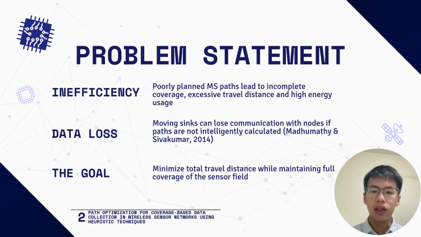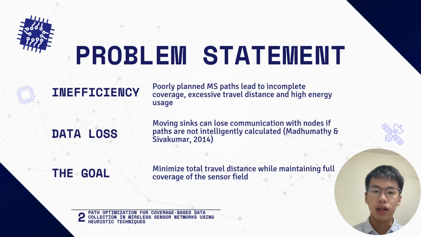Furthermore, one key issue when using mobile sinks is maintaining uninterrupted data collection and conserving energy. As the sink's position constantly changes, data reports from sensor nodes may be lost when the previously valid path becomes invalid due to the sink's movement.